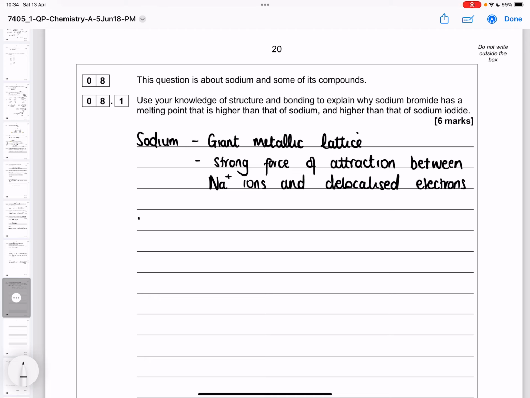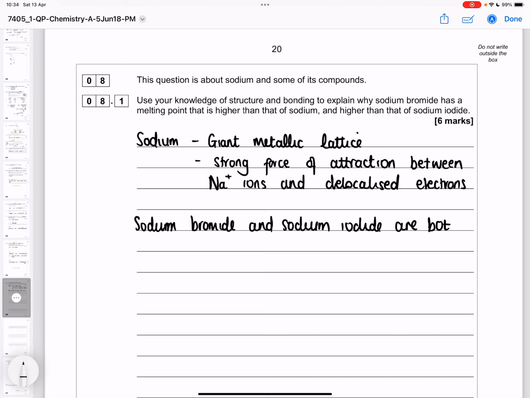And then we've got sodium bromide and sodium iodide. Now they're both ionic, so I'm going to group those two together for the structure and bonding part. Am I spelling this all right?